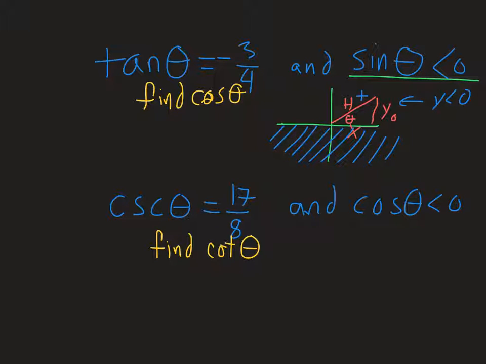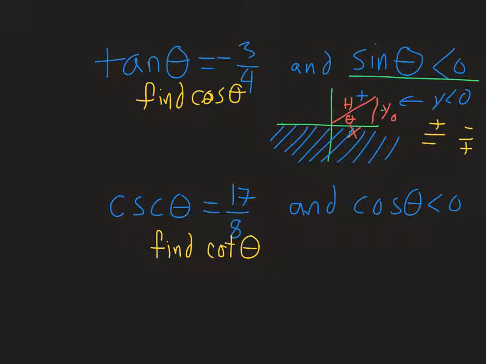Okay, so now that we've figured out the realm that we're looking in, we're talking about tangent, and tangent is negative 3/4. We know that based on the same idea, tangent is taking these two things and dividing them. If I were to do that, we could either have a positive divided by a negative, or a negative divided by a positive.